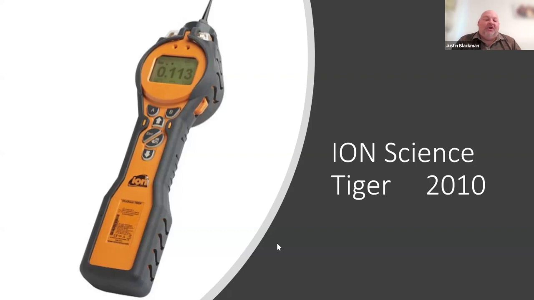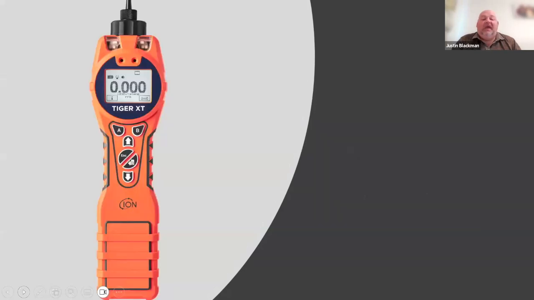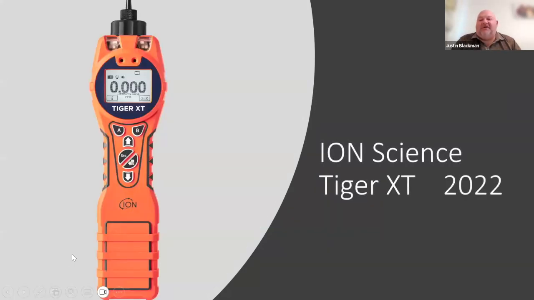Again, we're getting much newer now. And we get almost current day with a new, slightly sexier looking version of the Ion Science Tiger unit. Again, completely up to date with every bell and whistle that you can have on a PID instrument. Most importantly, with this fence electrode technology built into it.